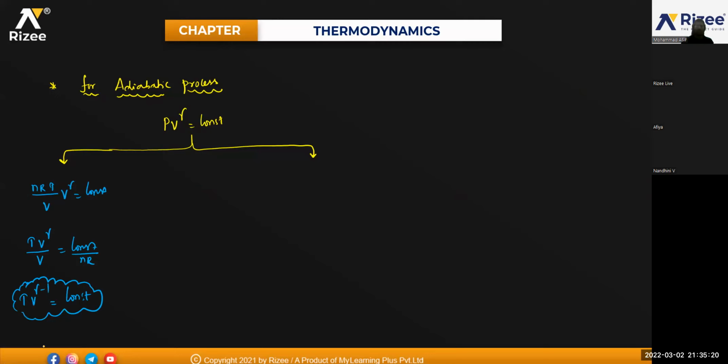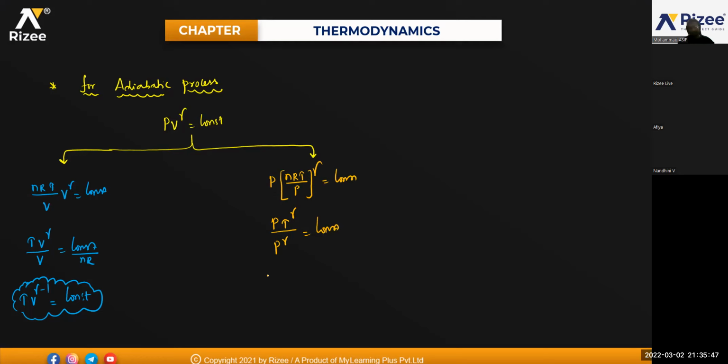I can even get one more relation. So in the place of V, I can write nR into T divided by P, to the power of gamma, is equal to constant. So this one is P times T to the power of gamma divided by P to the power of gamma is equal to constant.